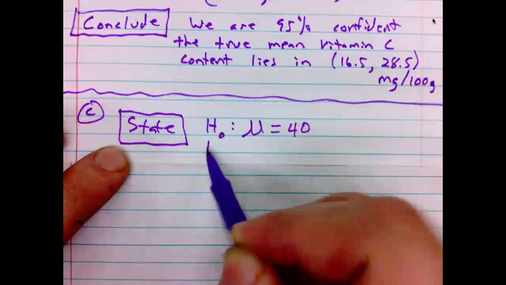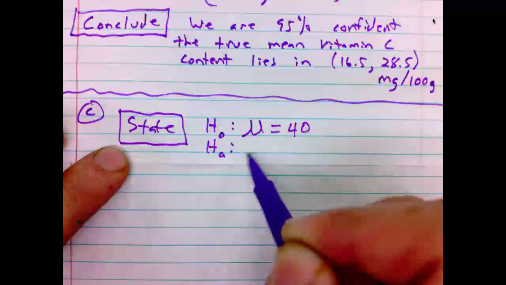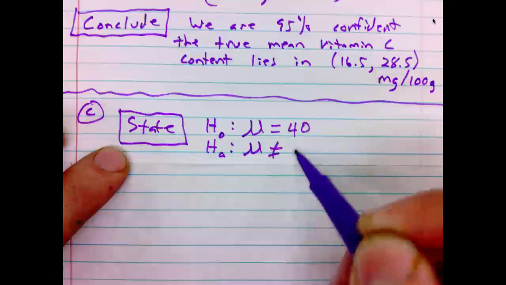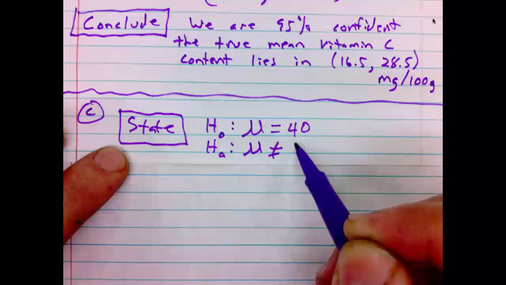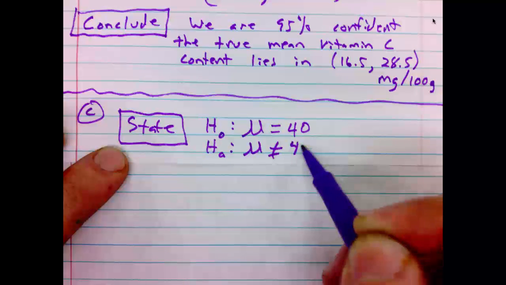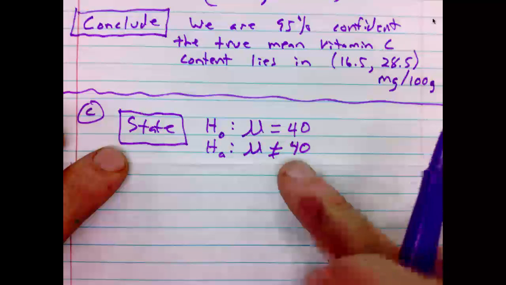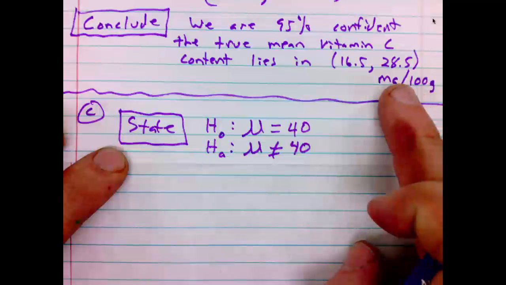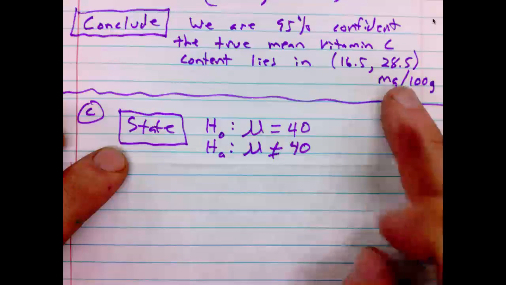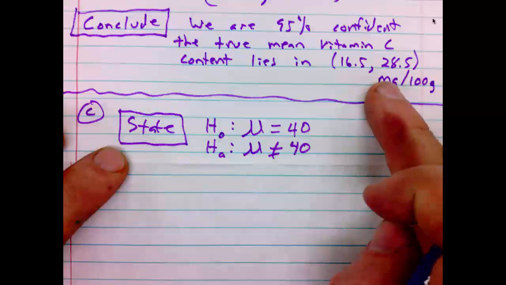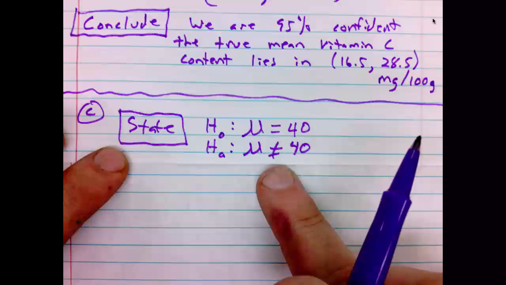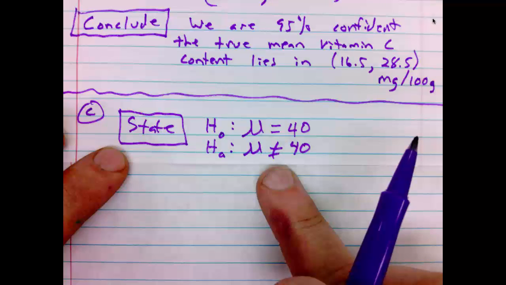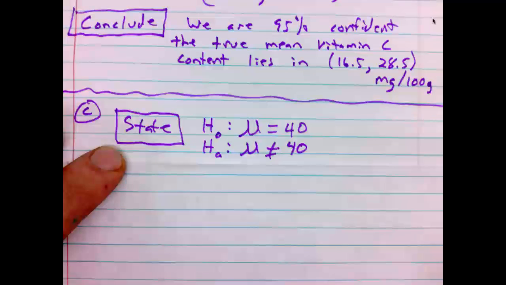And our HA, we're going to use the mean is different than 40, because presumably having too much vitamin C might be an issue too. It doesn't say we want above or below. But mainly we're looking for not equal to here, because we're going to use our confidence interval. And remember, a confidence interval is analogous to a not equal to statement here.